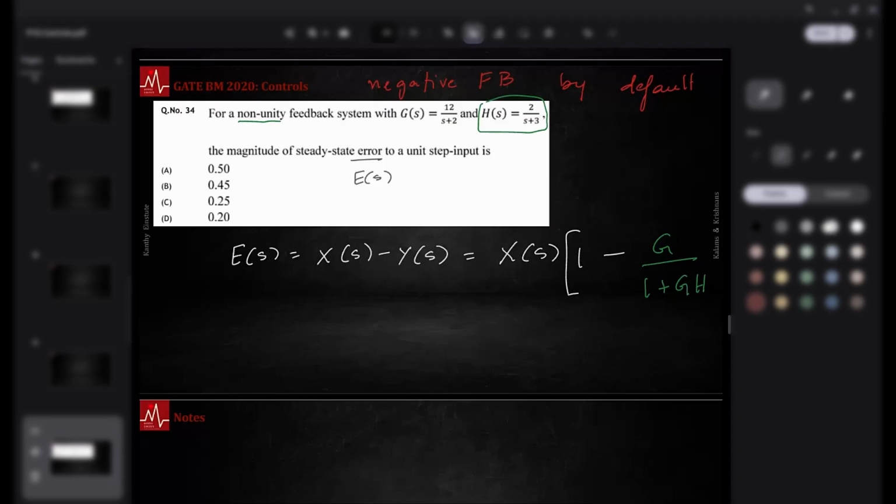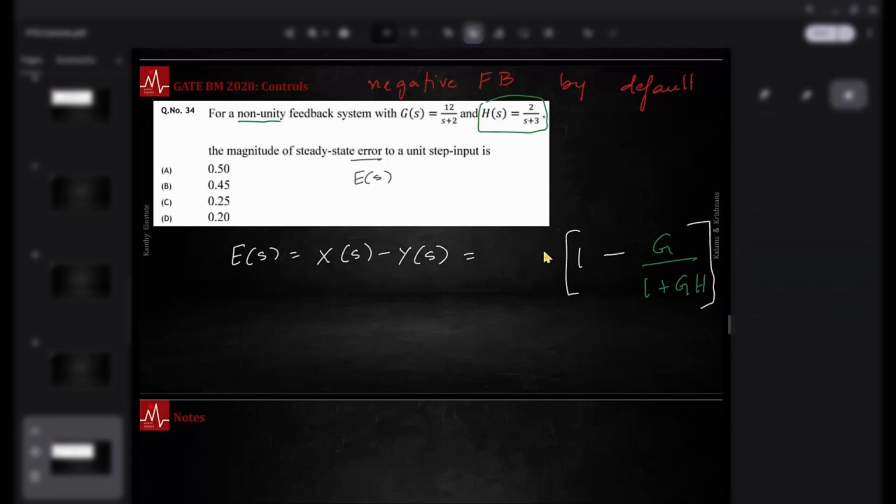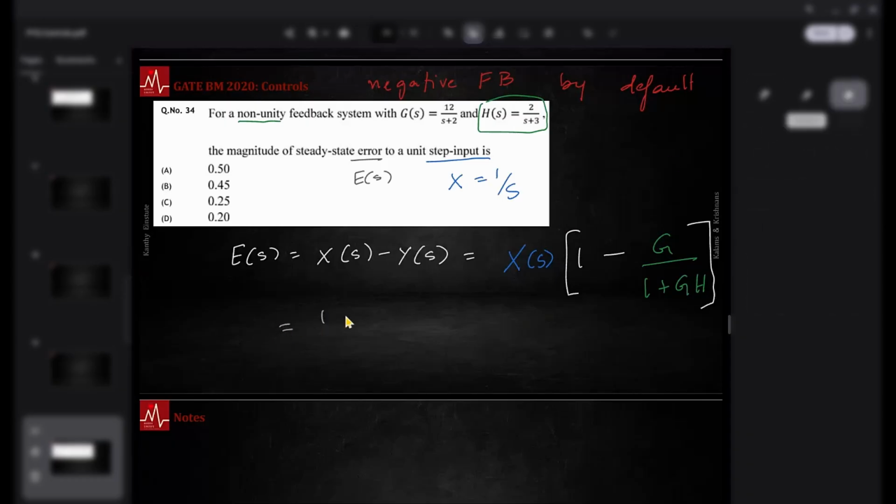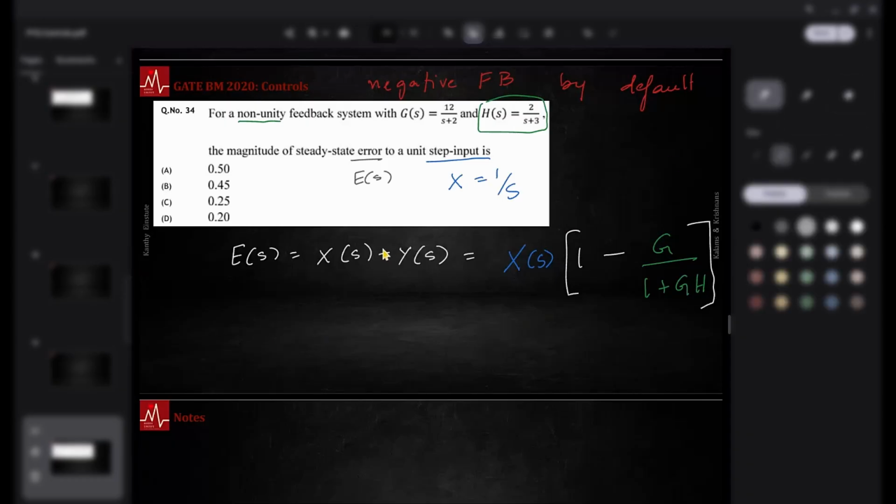So this is this. And what is your X of S? X of S for unit step input is 1 by S. So that happens to be 1. Now what we want is E of infinity.